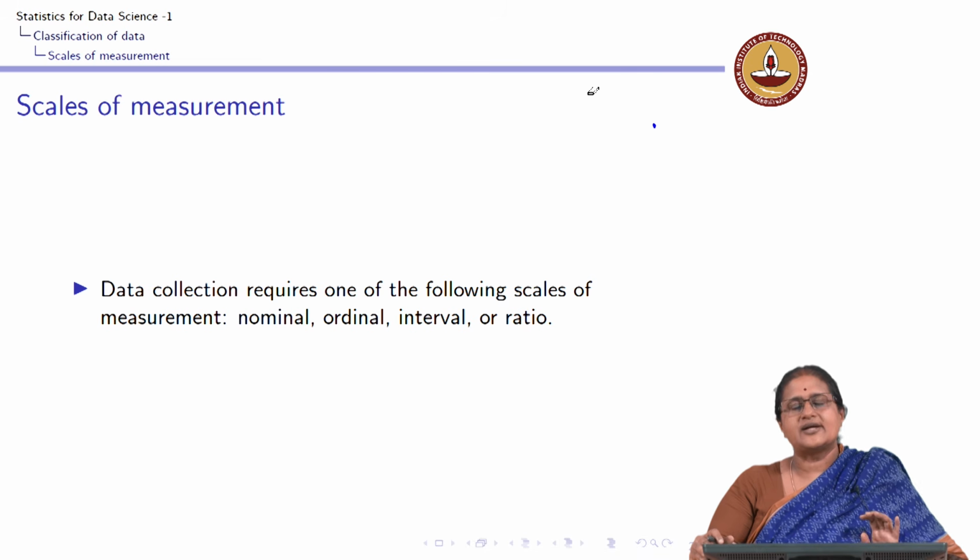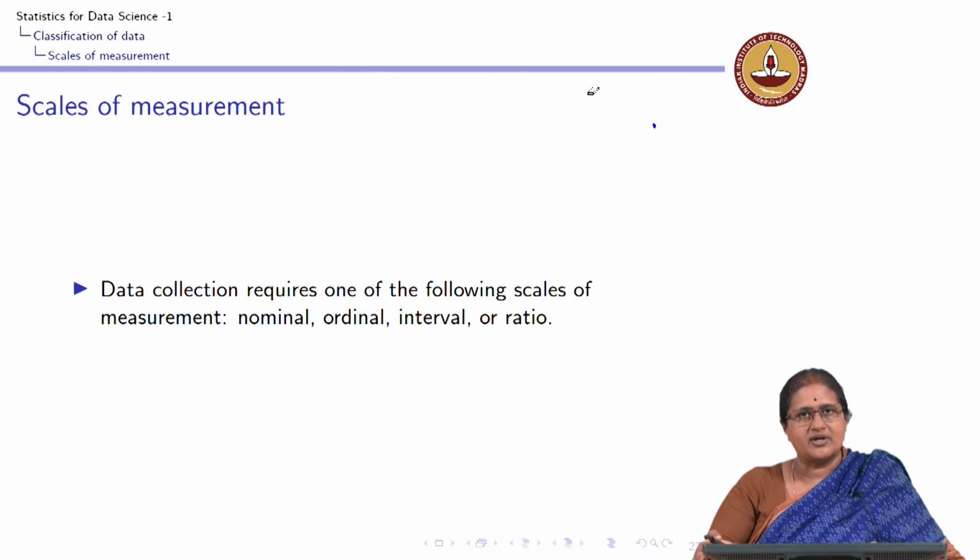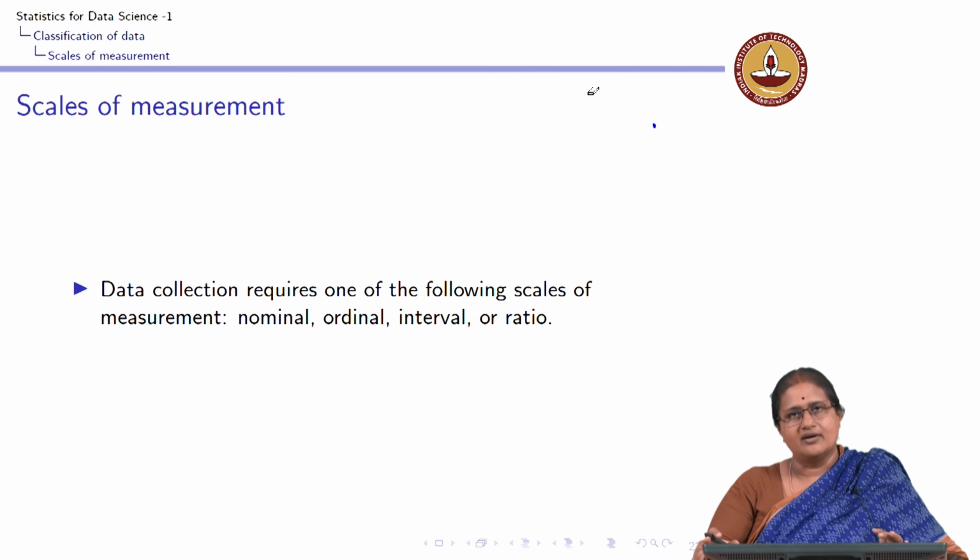When we look at scales of measurement, I have 4 scales of measurement and they are called the nominal, ordinal, interval and ratio scale. We are going to understand each of these scales of measurement in great detail. Why is it important?